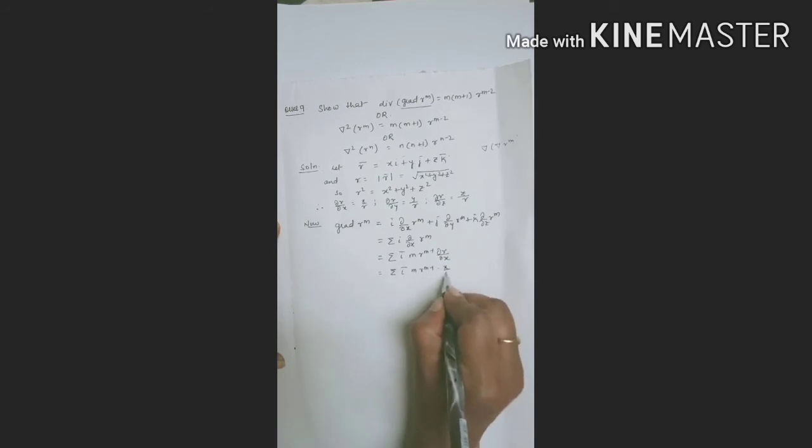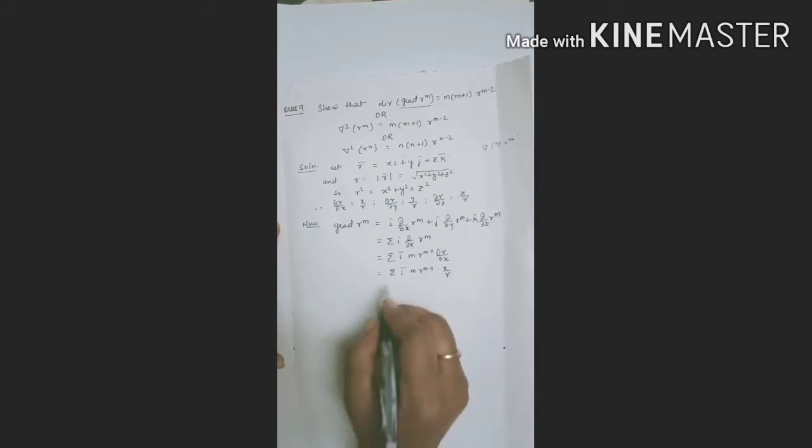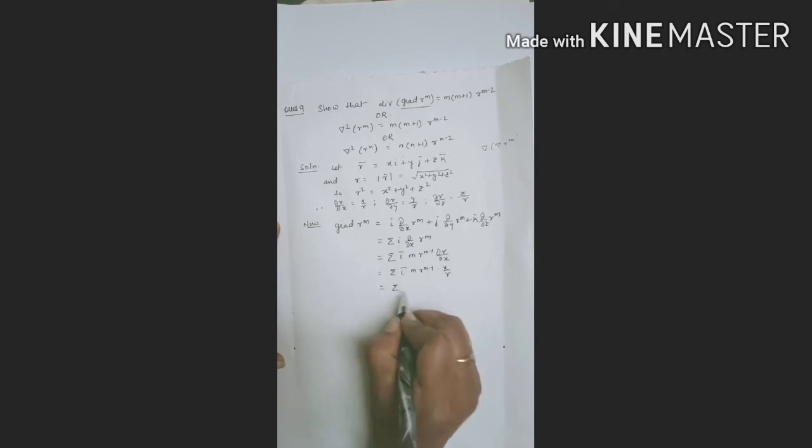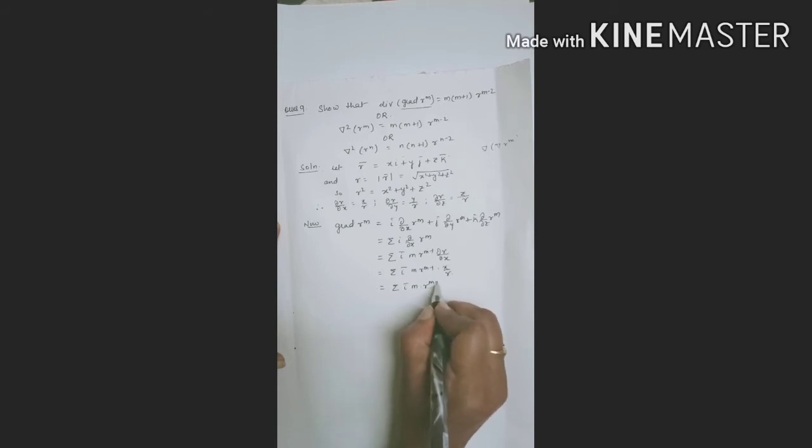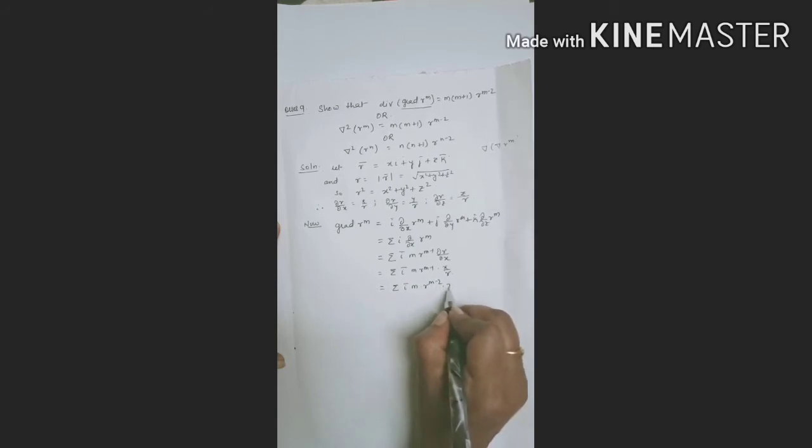So put the value x by r. This r will make it m minus 2. So this is equal to summation i m r to the power m minus 2 into x.